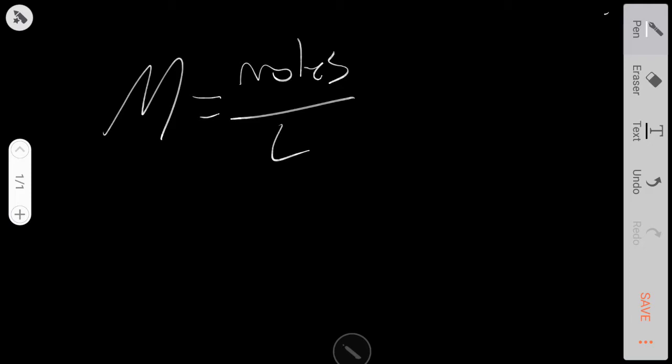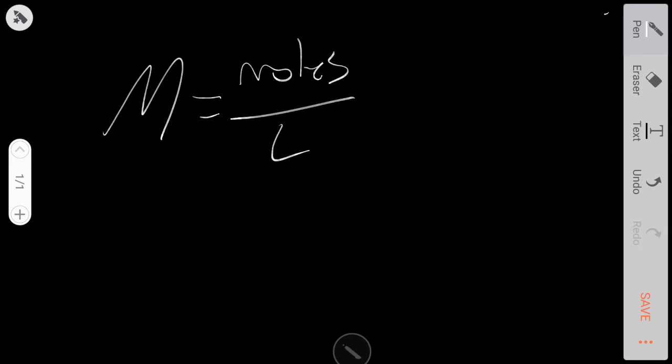So it says, what is the molarity of a solution of 24 grams of lithium dissolved in 4 liters of solution? I have liters, but I don't have moles. I do have grams though. So again, we're gonna put into play that upside down triangle and go from grams to moles.